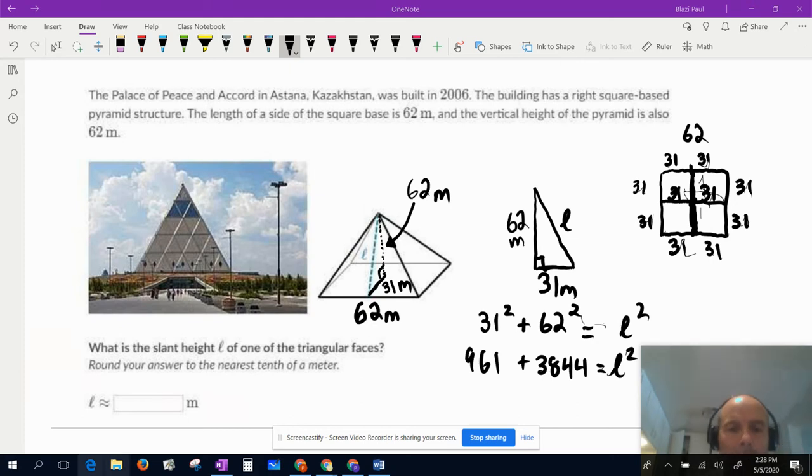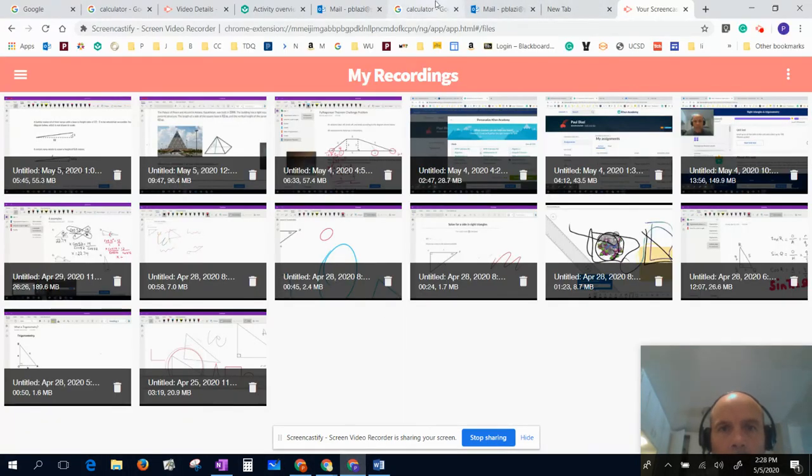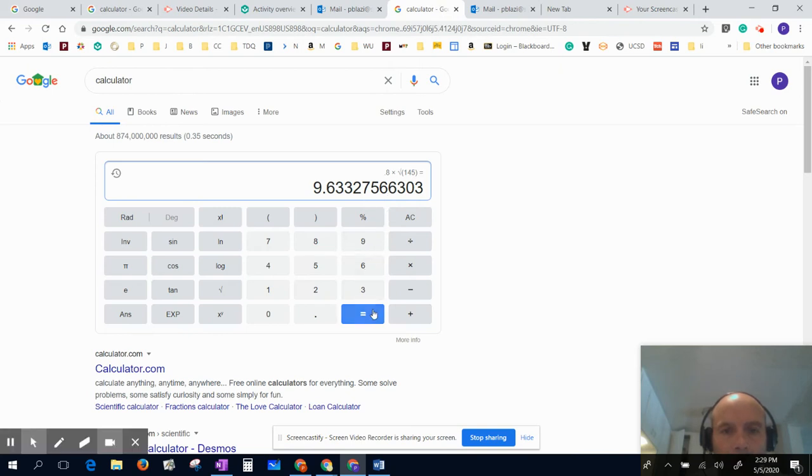Let's see, I'm going to pop my calculator up. I forgot to write these down. 961 plus 3844 equals 4805, then the square root of 4805.